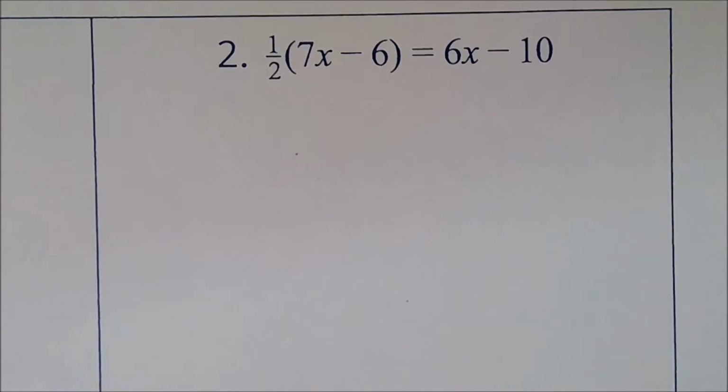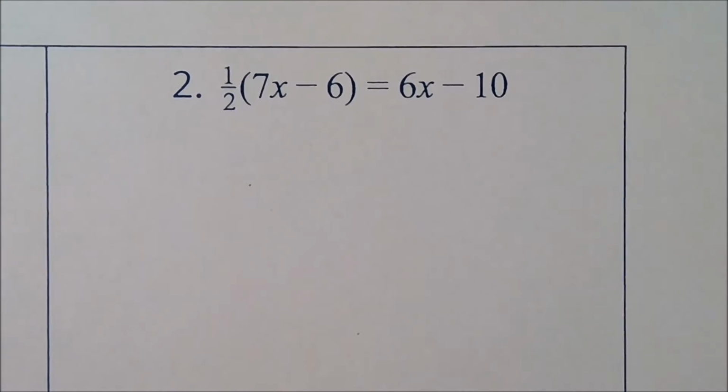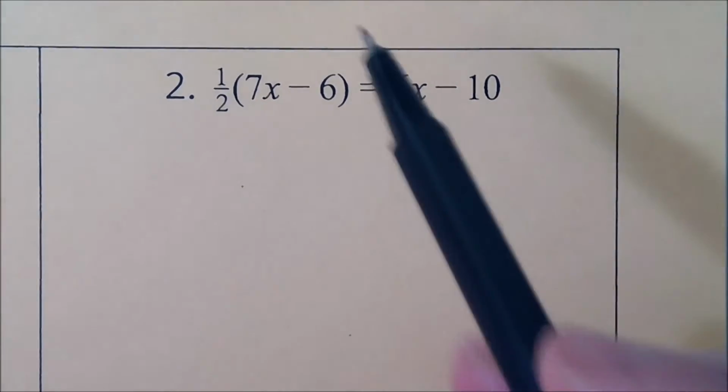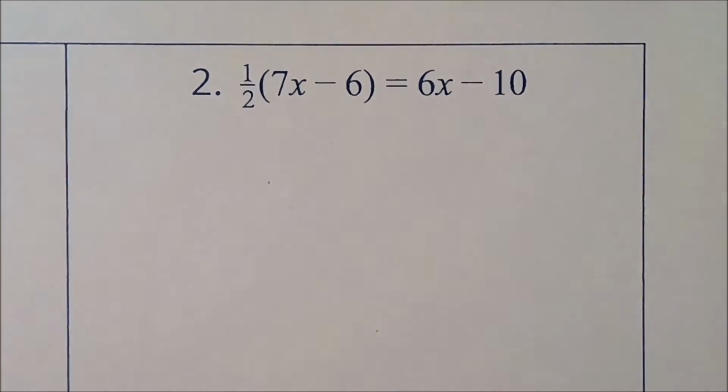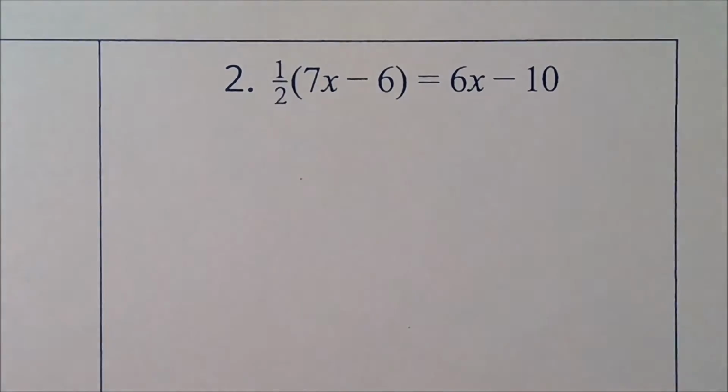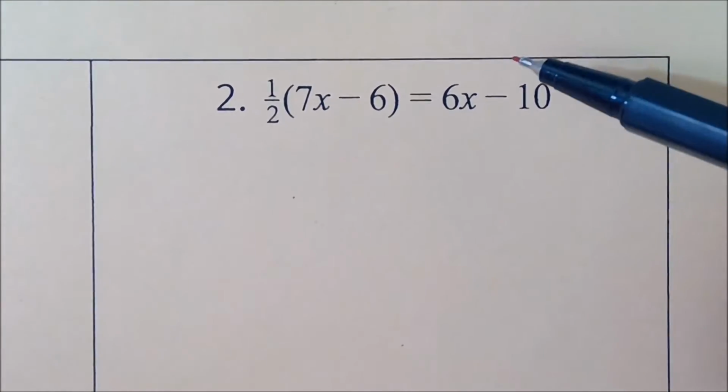Okay, for number 2, zoom out a little bit. For number 2, we've got a fraction that showed up now. So to handle this, we'd still have 2 options, at least. I'm going to show you both, but the one that I do right now is the one I want you to copy.